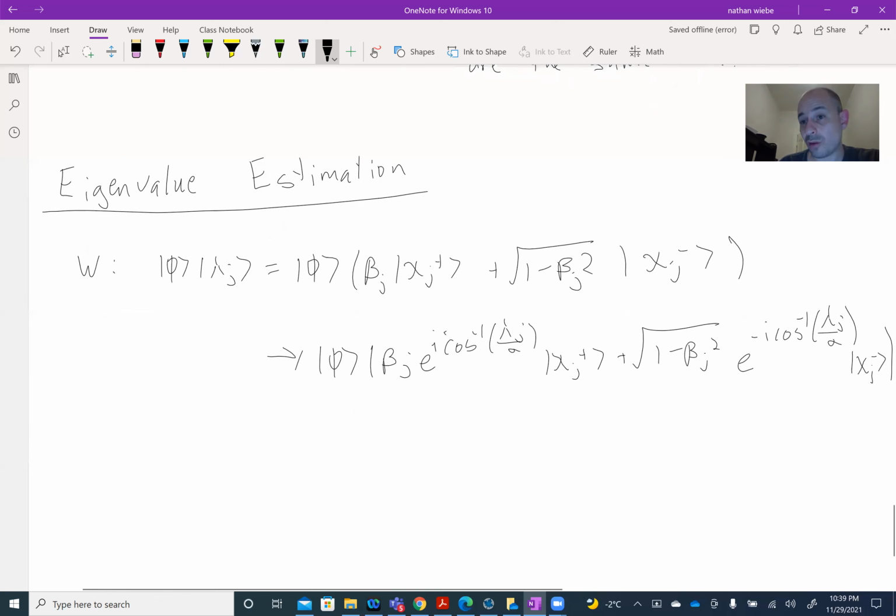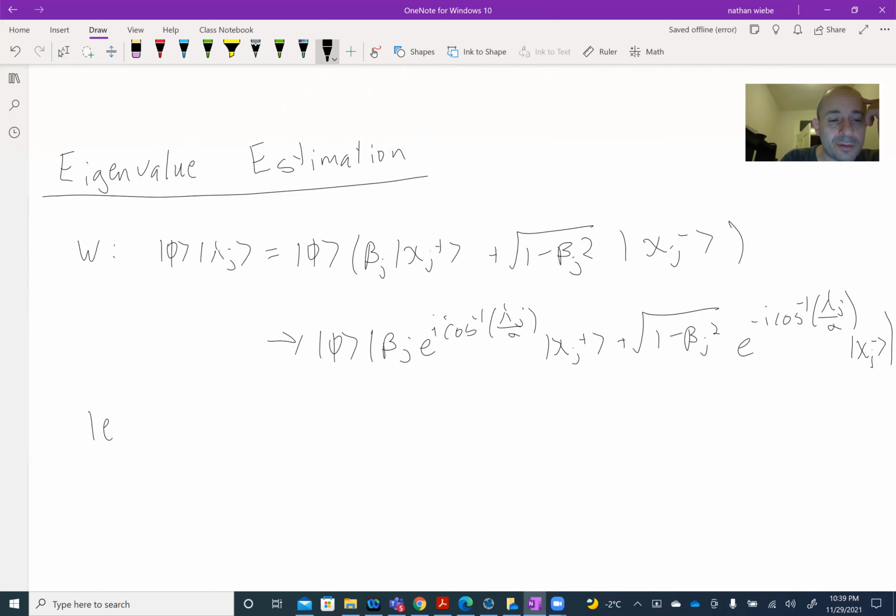In fact, more generally, let psi equal the sum over j of, let's call it aj lambda j.